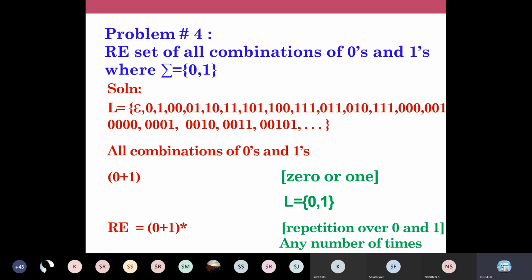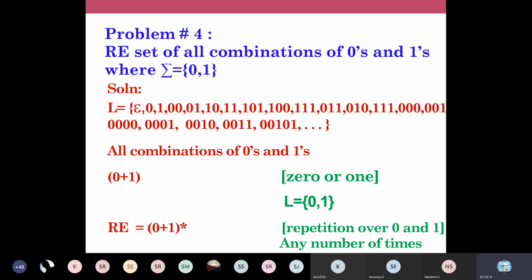In the same way, anytime a 0 or 1 may come, but it should repeat any number of times. The length is not defined. Your language is going to be infinite. So there is a repetition, and you're going to use a star. But instead of always having a particular symbol like A or 0, you have two symbols here, 0 and 1. At any point of time the symbol that occurs is 0 or 1, but it's going to repeat. If I'm simply writing 0 plus 1, it denotes a language that has only two possible strings, 0 and 1.